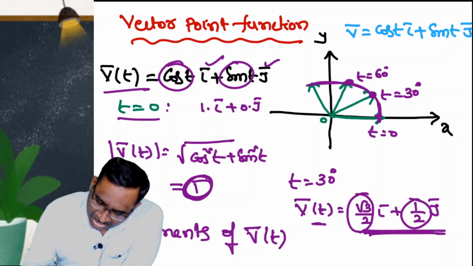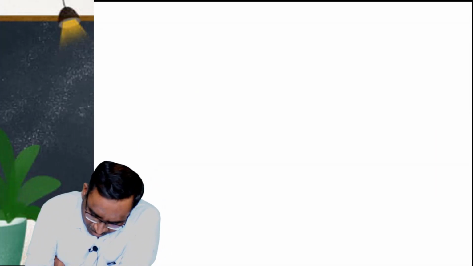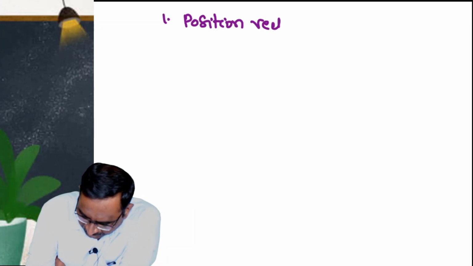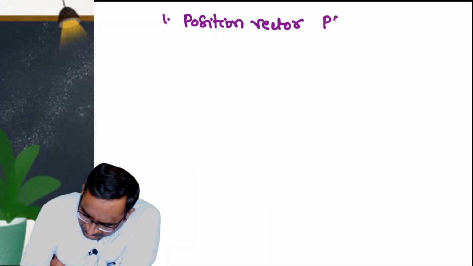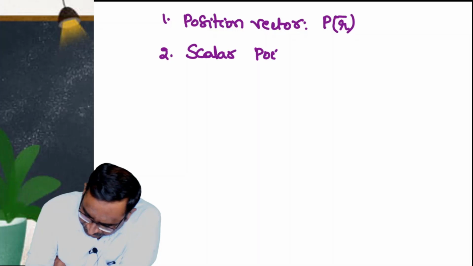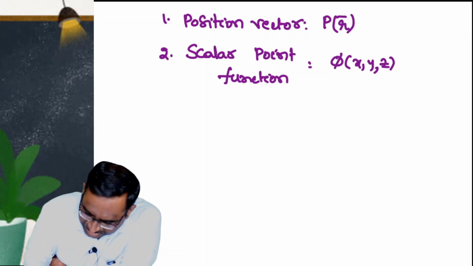Okay. So we have 3 definitions. What is meant by a position vector of the point P, P of r bar. The second one, the scalar point function, generally denoted as phi of x, y, z.